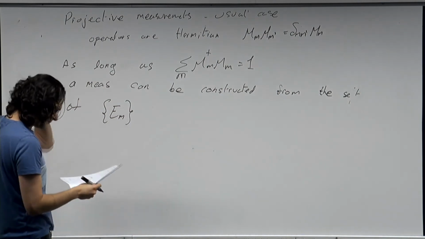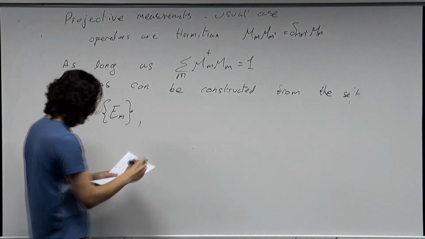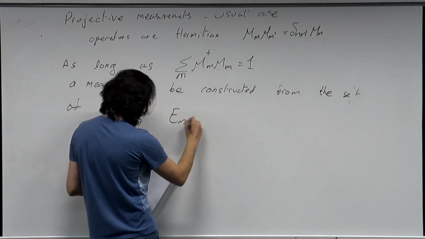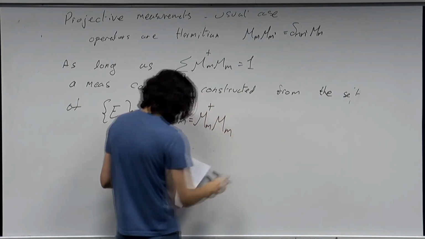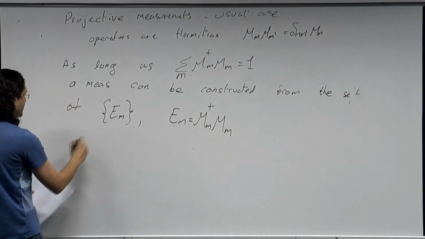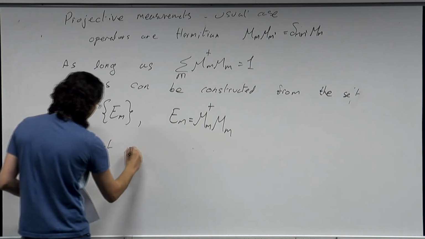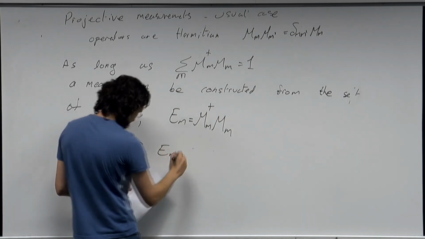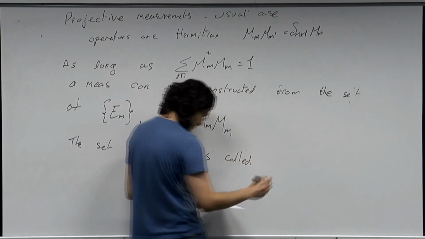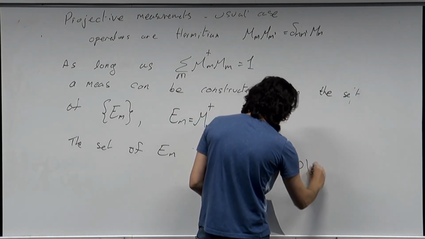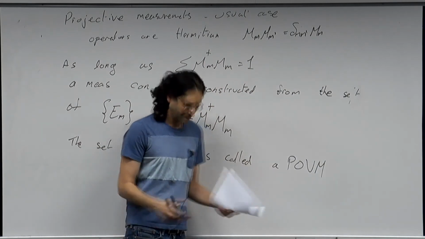Okay. I think this notation is also from Nielsen and Chuang, so if you're looking for this, that's the book. Where E_m is defined as M_m dagger M_m. Okay, and the set of E_m is called a POVM. POVM stands for positive operator valued measure.